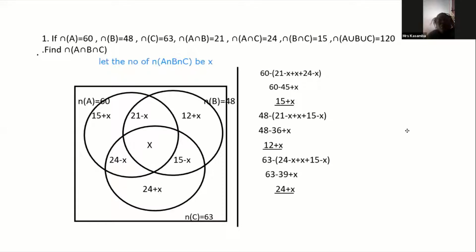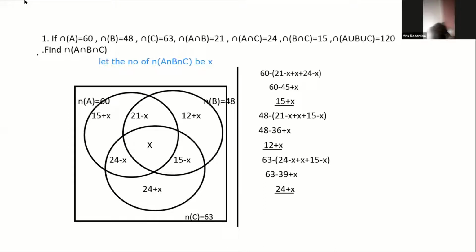A and C comprises 24 elements, but you've already entered the X in our Venn diagram. So filling up that region, members that belong to A and C only, that's when we deduct the X from the 24. And that's how the 24 minus X comes in.